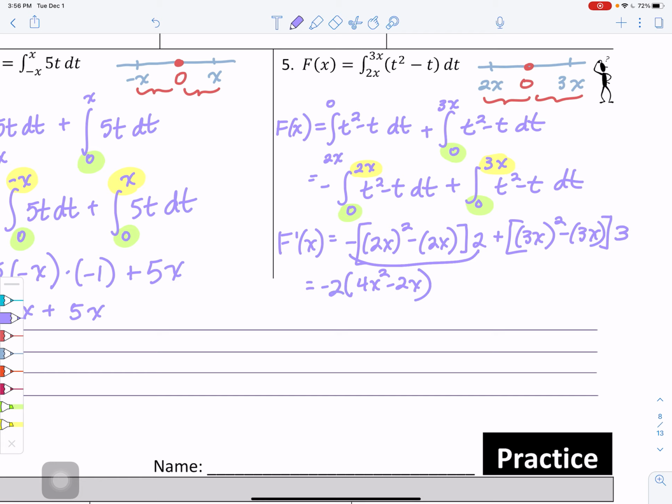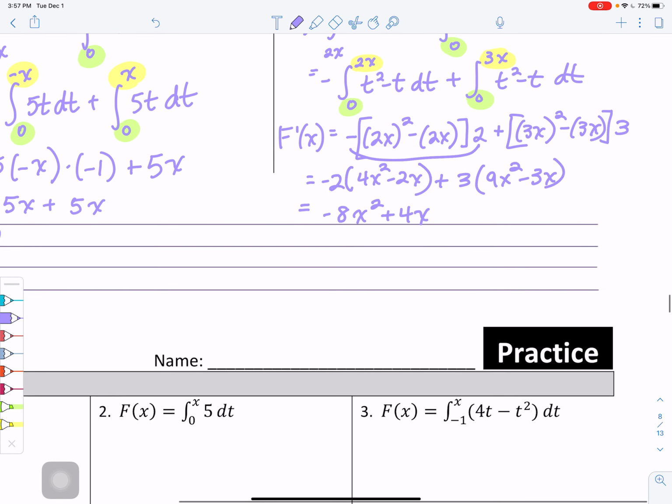And then I'm going to add 3 times 9x squared minus 3x. Negative 8x squared plus 4x plus 27x squared minus 9x.